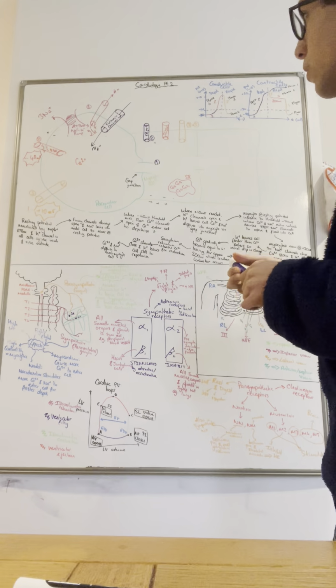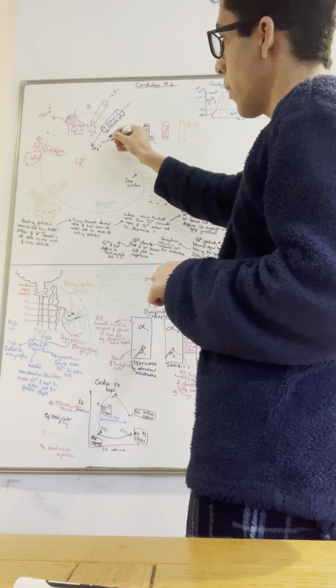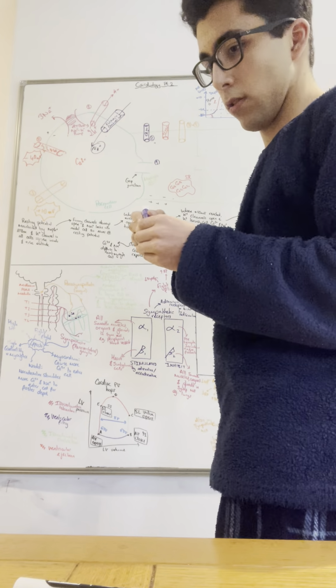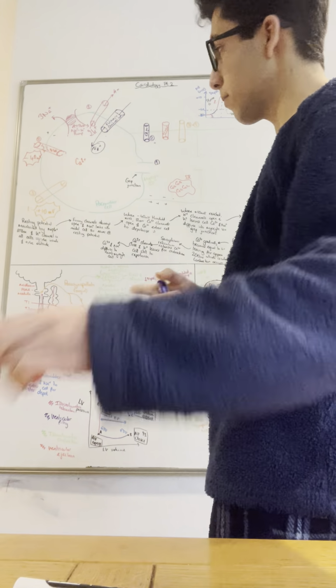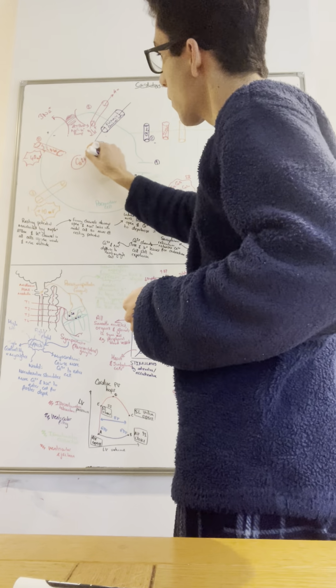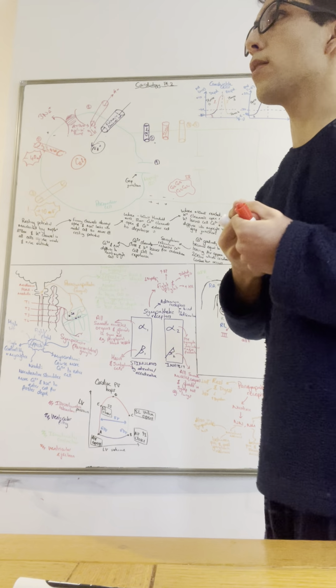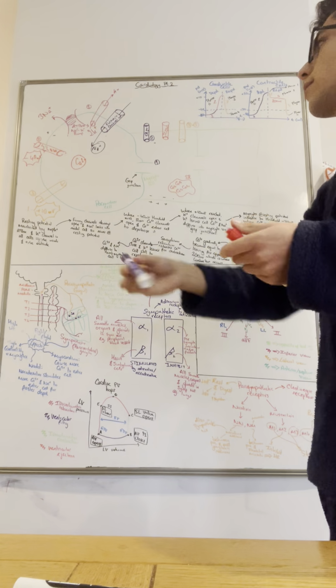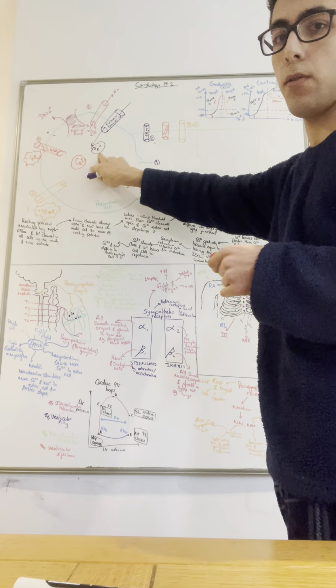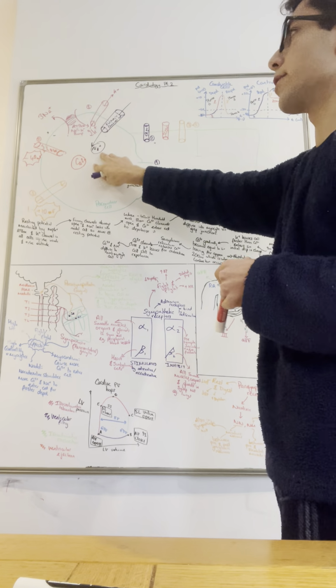All right. So we've also got our sodium and our calcium in our conductile cell. The whole point of depolarizing our conductile cell is to get these two molecules. That's the whole point of this.